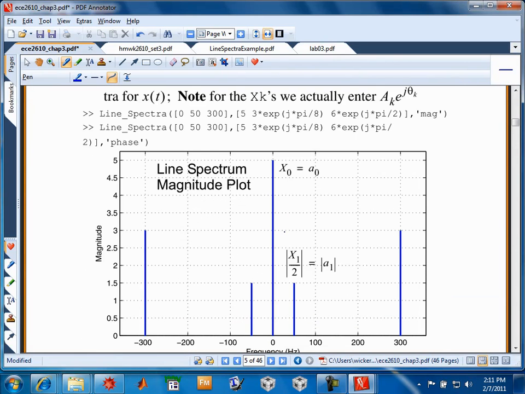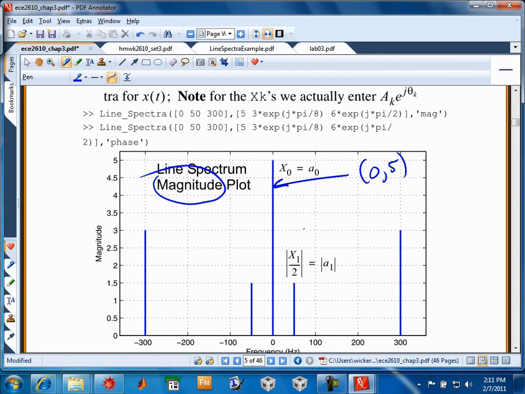So the bottom line is, if we go look at what those frequency amplitude pairs were, this spectral line right here corresponds to the 0, 5, and this is the magnitude plot that we're looking at right now.